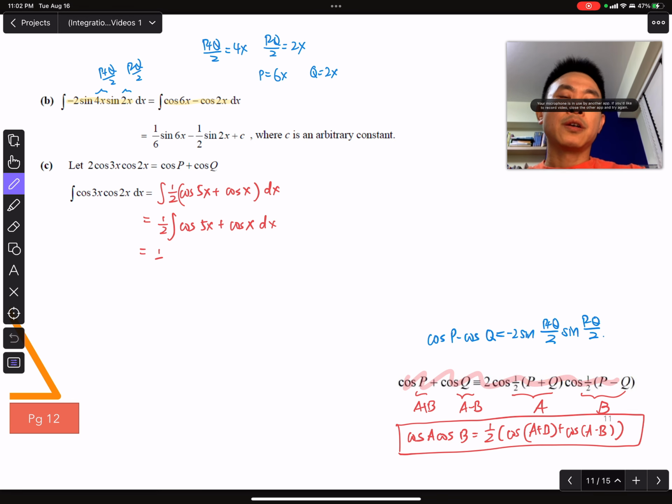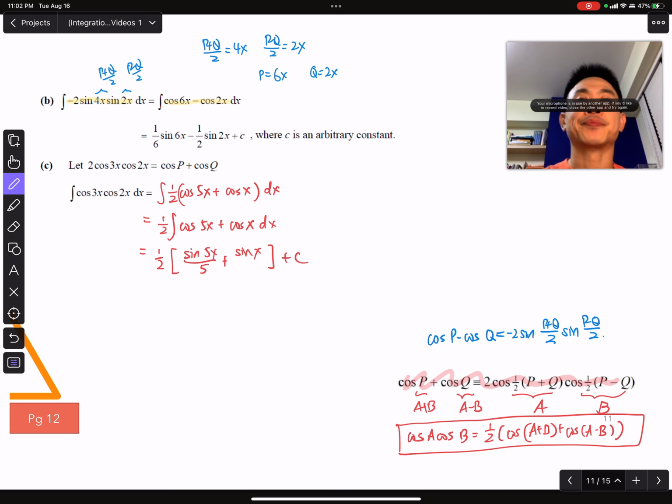So integrating cos 5x will give us sine 5x over 5, and this will give us sine x directly. So that's the answer.